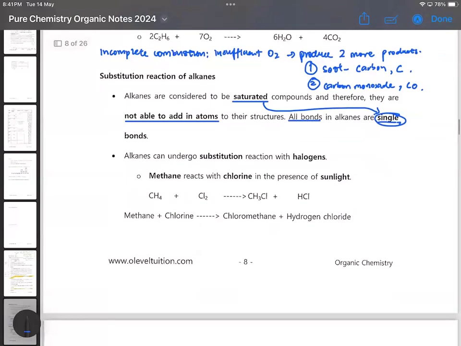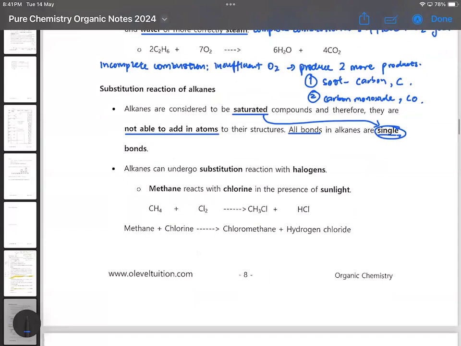Alkanes undergo what we call substitution reactions with halogens, and it is done in the presence of sunlight. Sometimes we call it UV light, ultraviolet. Either way, it's fine.